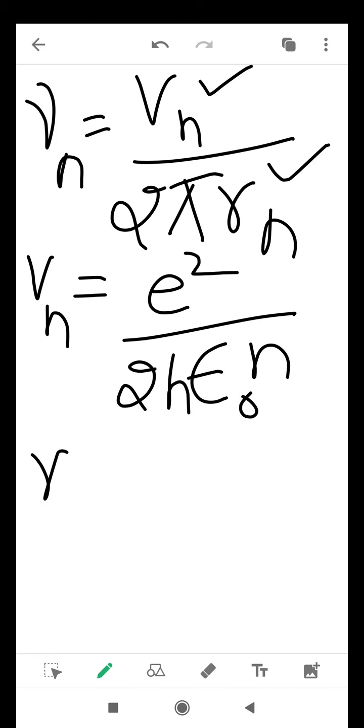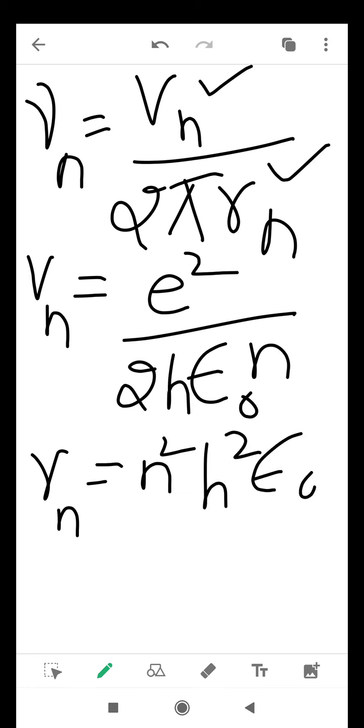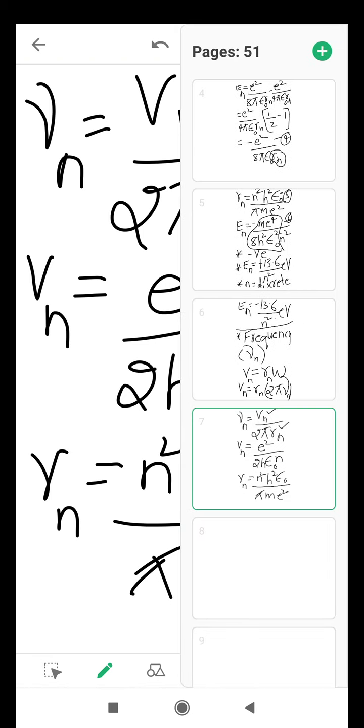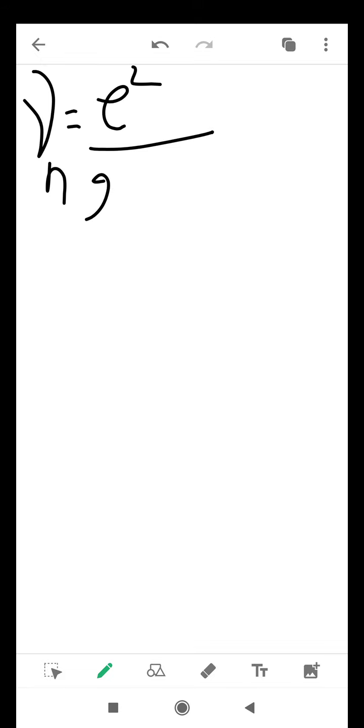Also the expression for Rn is n square h square epsilon naught divided by pi m e square. Now let us substitute Vn and Rn in the frequency expression. We will get the value of mu, so frequency for its nth orbit is e square divided by 2 pi.